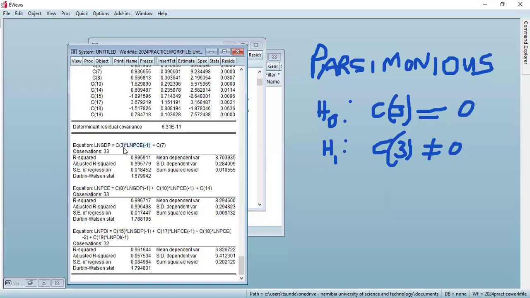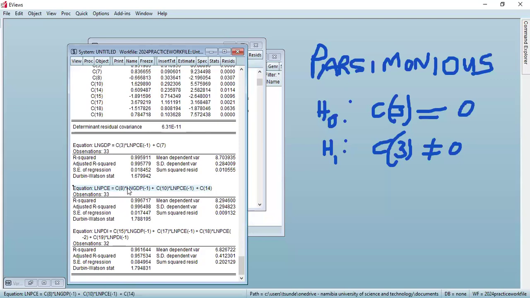That one is quite easy since there are two variables. In the second one, we are interested in GDP Granger causing PCE and not PCE Granger causing itself. That's why we tested C8 only.